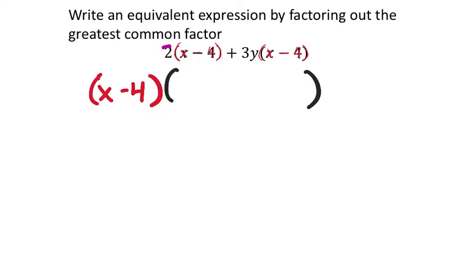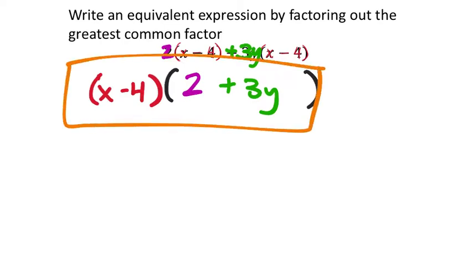Well, the first term there had a 2 that was left over, so it stays. And then the second term there was a positive 3y. So I bring that down, positive 3y. All right? That's all we're going for on this. Now, like I said before, if they give us a quadratic or a trinomial, really, then it may take a little bit of work to get to this point, but we can get there.